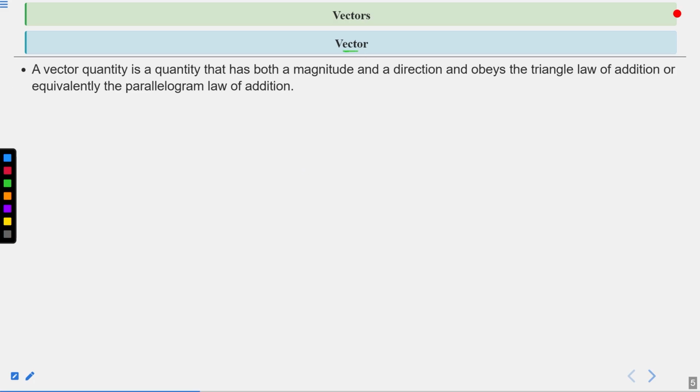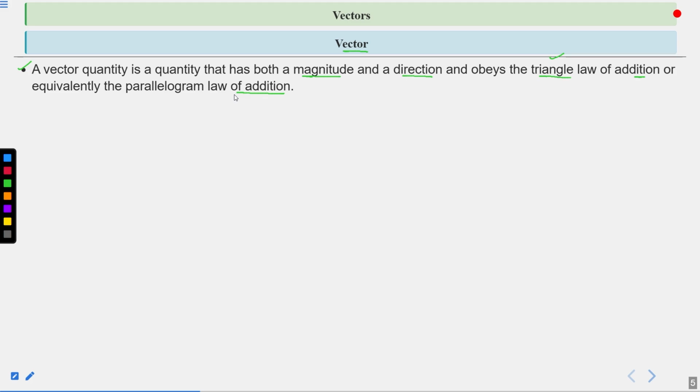Vector. We already know a vector is a physical quantity that has both a magnitude and a direction and obeys the triangle law of addition. In upcoming lectures, we will learn briefly about the triangle law of addition or the equivalent parallelogram law of addition.